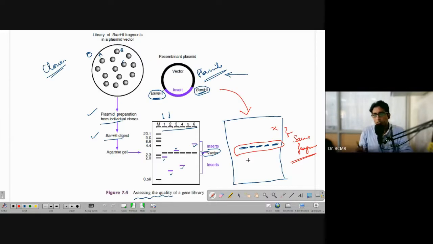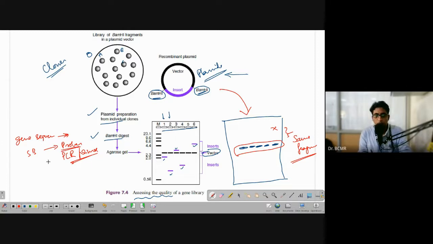Now we are coming to screening. We want to find out which one is the gene of interest, and how do we know? If we know the gene sequence, then we can design probes, or we can design PCR primers. Then using hybridization techniques like Southern blotting, we can identify with the probes.